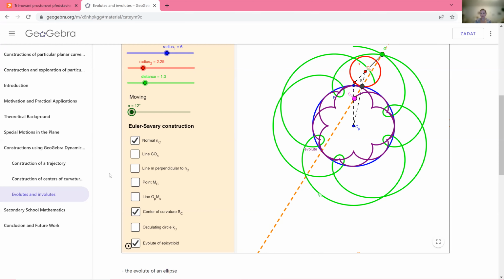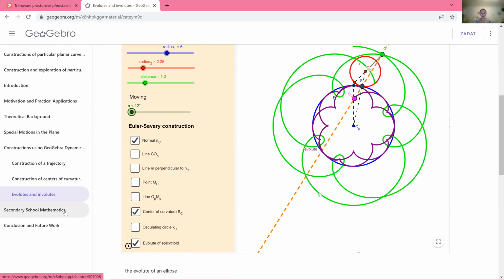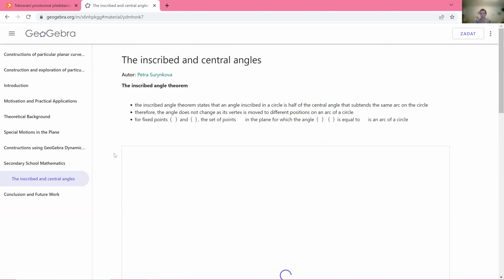So we can really do a lot with GeoGebra, and it's helping a lot. But this topic is for university students. What I'm also doing at secondary school.